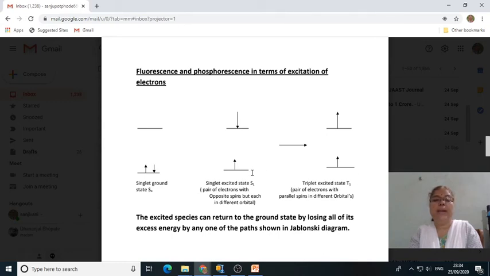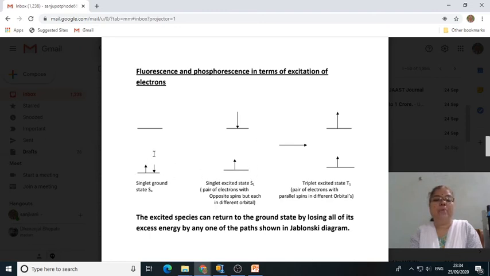When the spins are paired, meaning the two electrons have opposite spin, in different orbitals, such states are called singlet excited states. Depending on the extent of energy absorbed, we have different singlet excited states as S1, S2, S3, and so on.